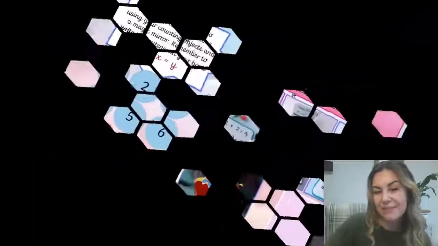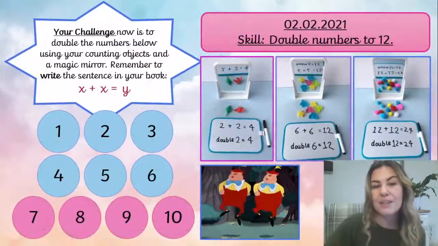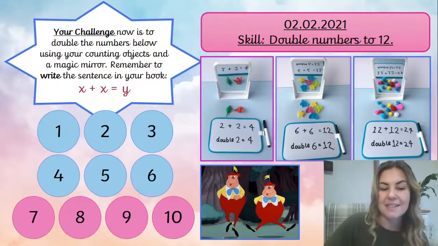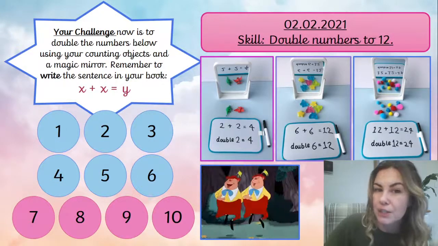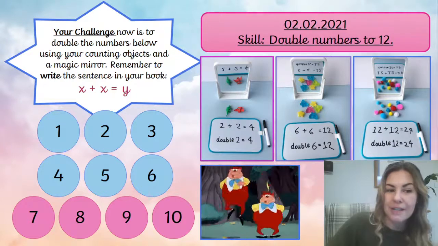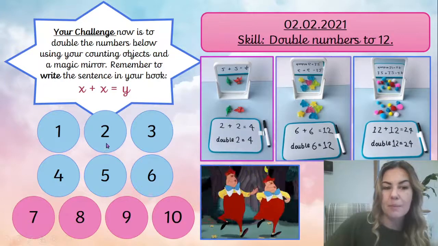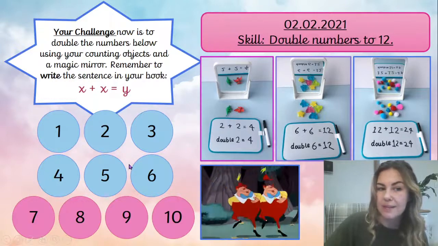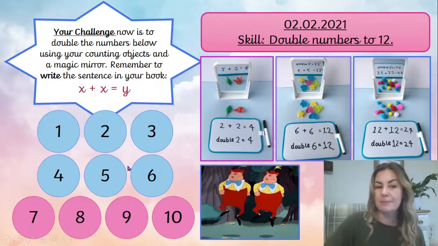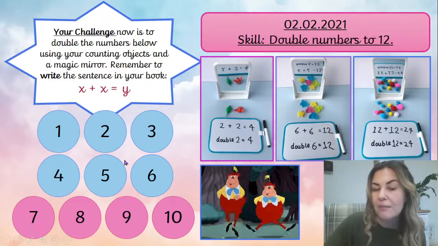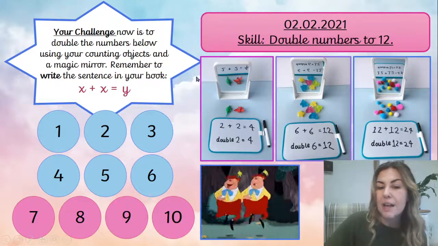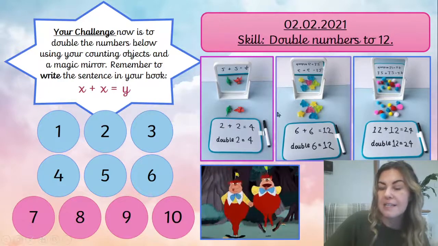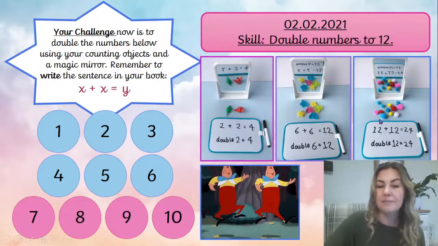Okay guys, hopefully you have had more than enough time to write those sentences in your book, and now it's time for your challenge. Your challenge is to double these numbers below. What you have to do is get your counting objects and your magic mirror, and then write what you have discovered in your books, a little bit like these examples you can see here.